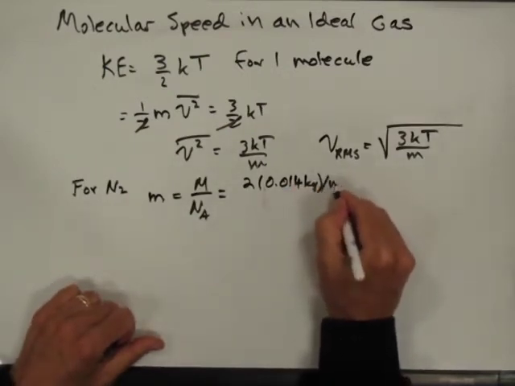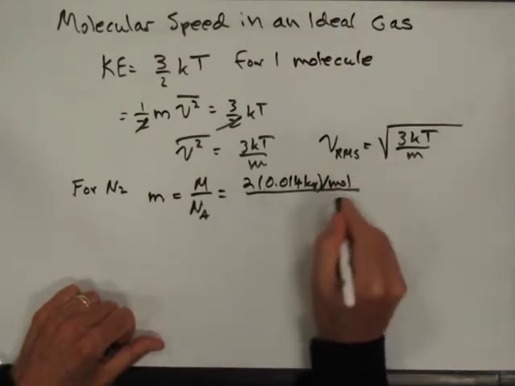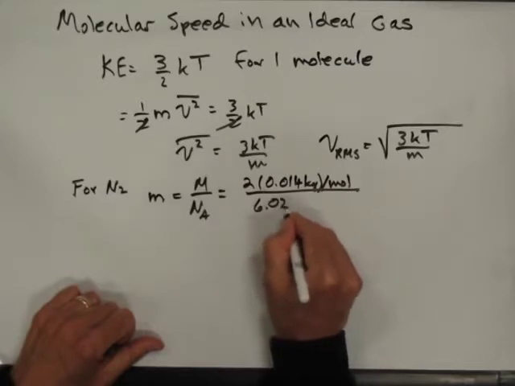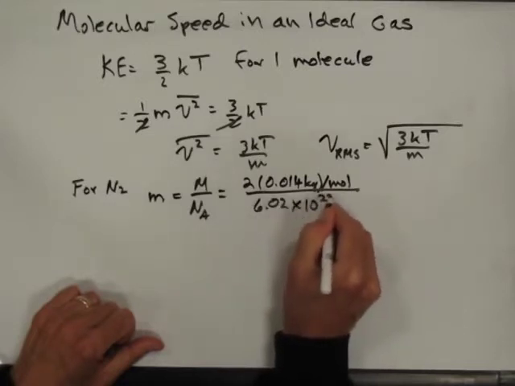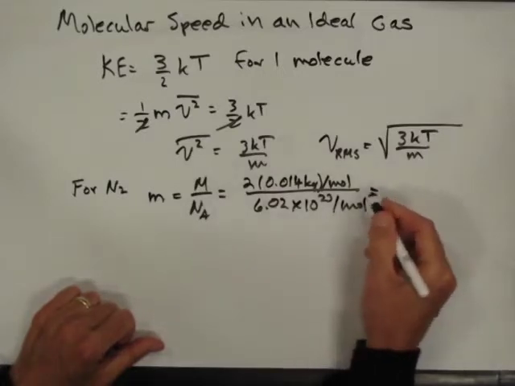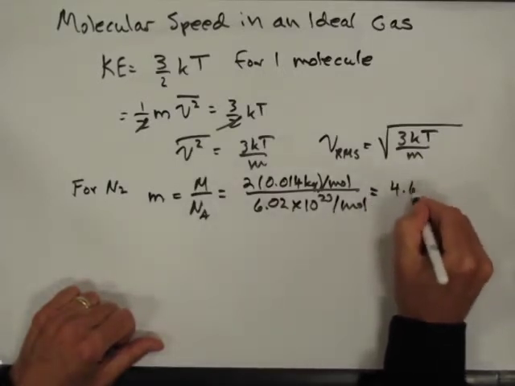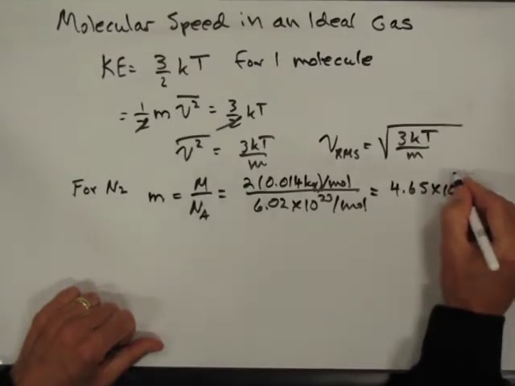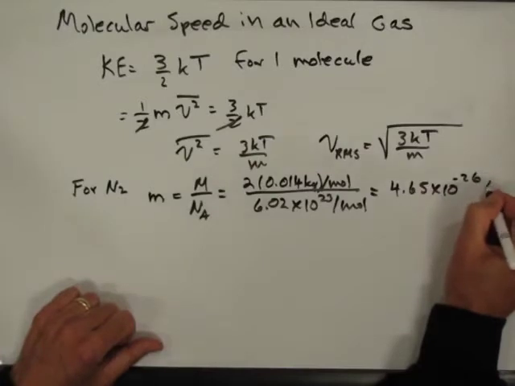And I could say per mole, divided by 6.02 times 10 to the 23rd per mole. And so that gives us 4.65 times 10 to the minus 26 kilograms.